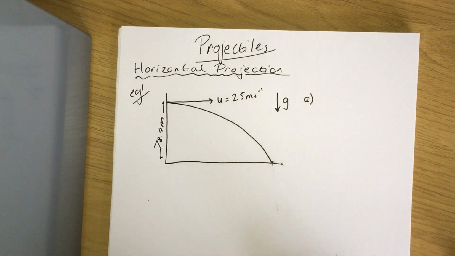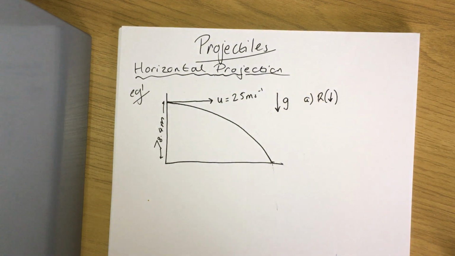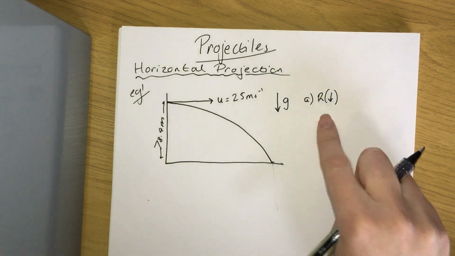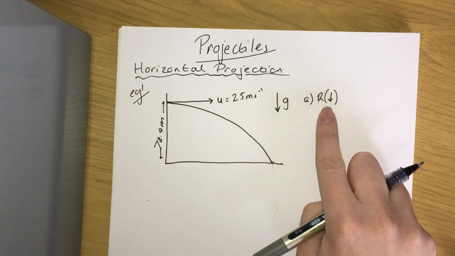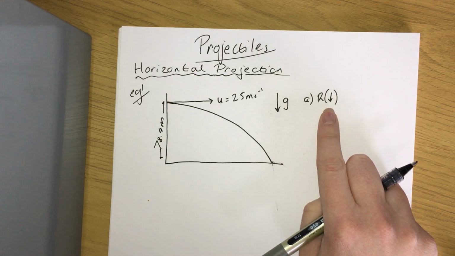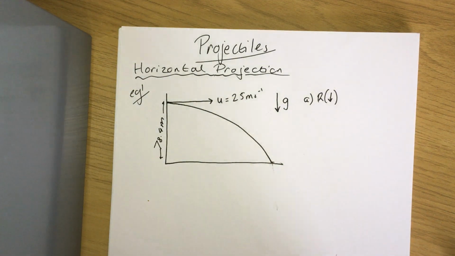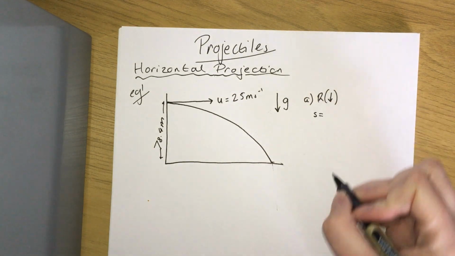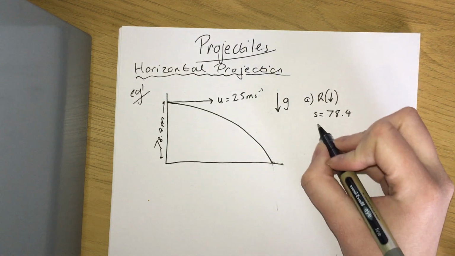So I'm just going to resolve it vertically, because it has got horizontal and vertical movement and I just have more information about the vertical one. Now I've put the arrow downwards because I want down to be my positive direction. Because it's moving downwards and gravity's moving downwards, everything is positive and it's very useful for me. So I know that the vertical displacement is 78.4.